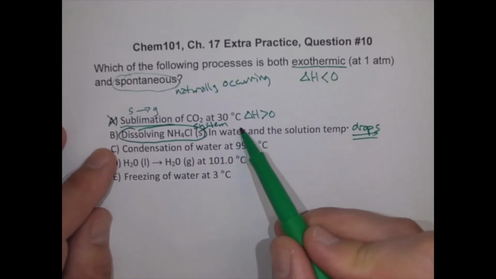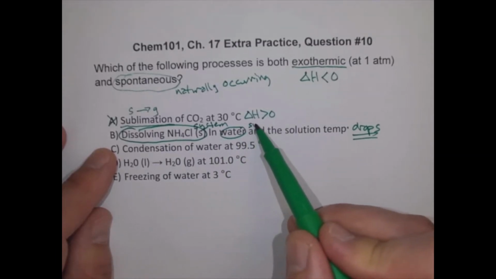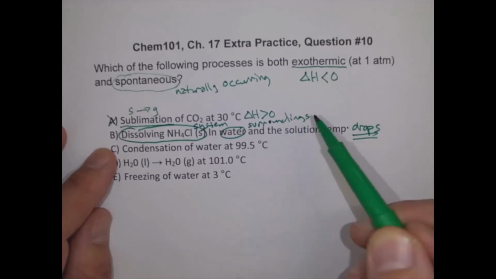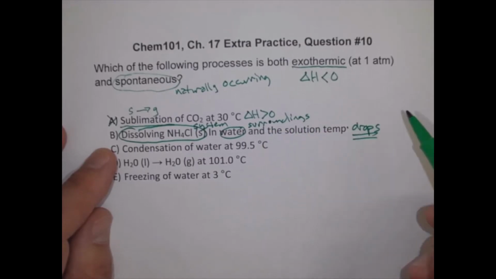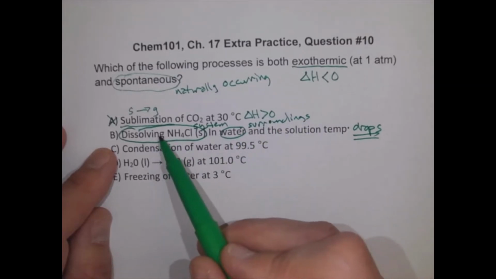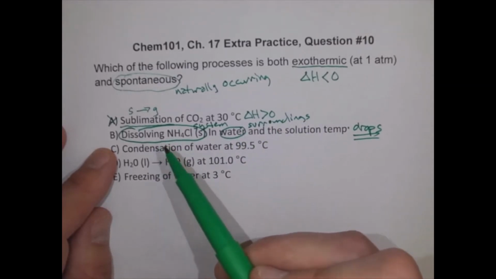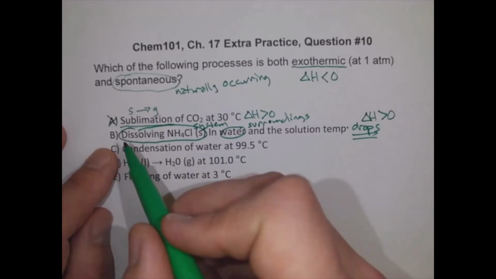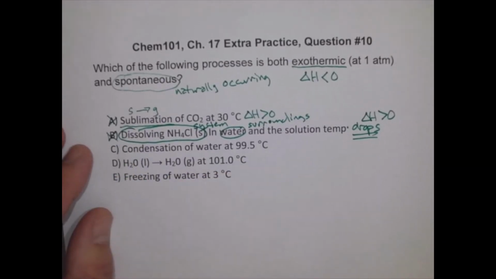And then the temperature of the water, that's going to be like our surroundings. Okay? So if the temperature of the water is dropping, that means energy is flowing from the surroundings into the system. Okay? So that is another situation where the delta H is going to be greater than zero. It's going to be an endothermic process. So once again, I can eliminate that.